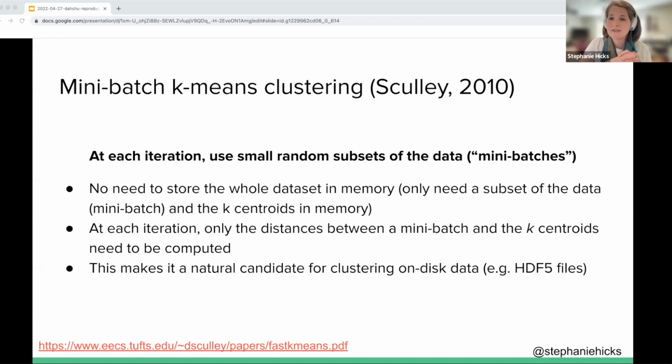The size of the subset could be, for example, 1% or 5% of the data, a relative number, or you could talk about it in an absolute sense. It could be 100 observations or 500 observations. Either one is fine. But the idea is, instead of working with all 1 million observations, you're only working with, say, 1% of the observations at a given time in the algorithm.